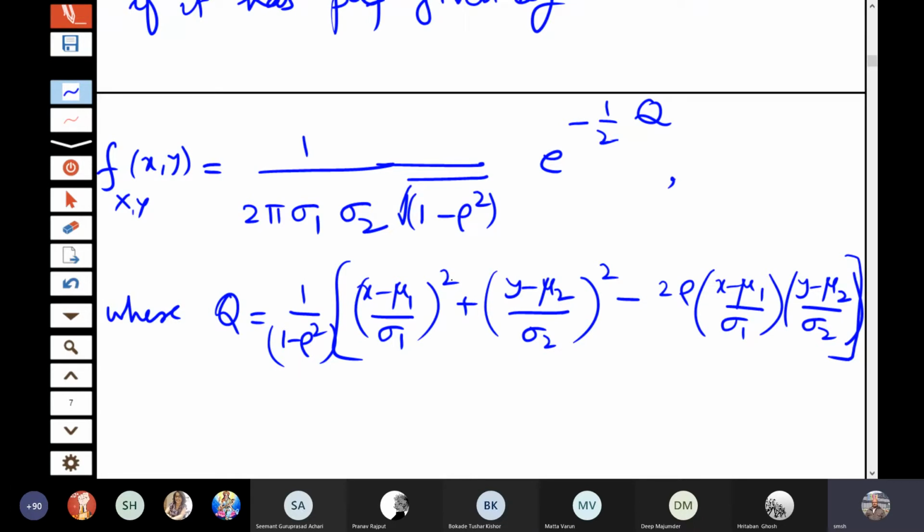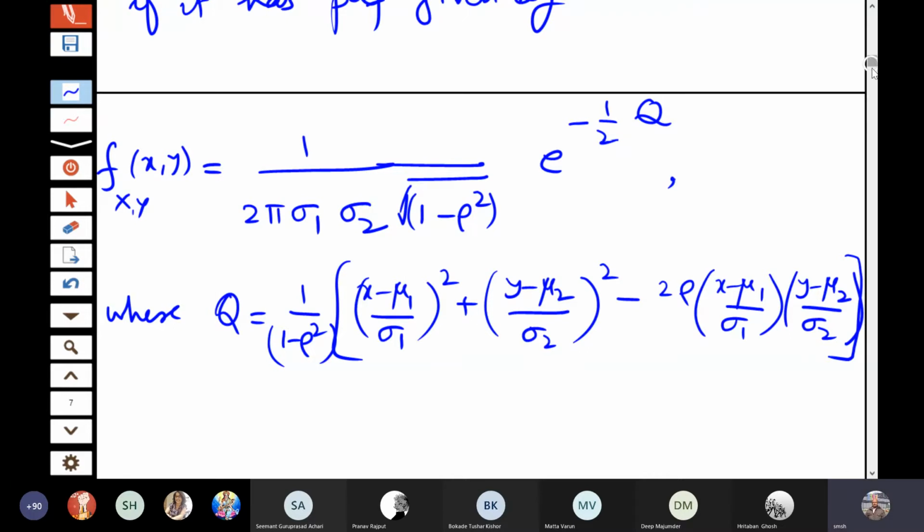It has x square, then y in the square term, of course x minus mu1 by sigma 1 and y minus mu2 by sigma 2. And then there is a cross product term there. It suggests that I can write it as a perfect square either in x or in y. Okay, in both of them it can be done and some adjustment will need to be made. So let us do that.